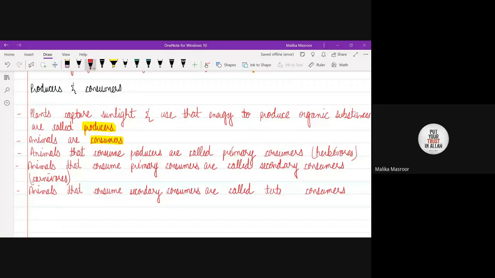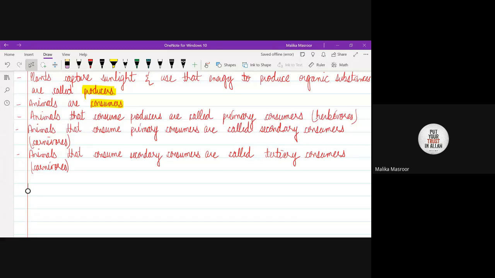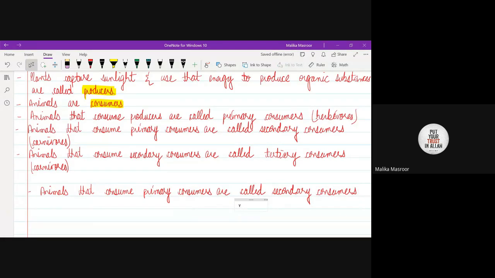And again, they are also carnivores. Animals that consume tertiary consumers are called quaternary consumers.